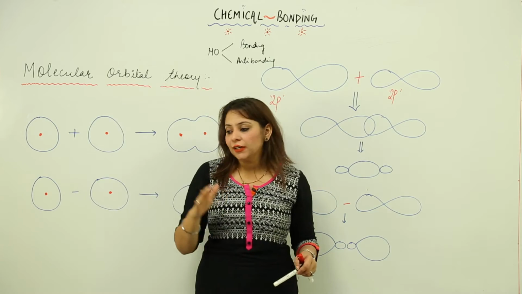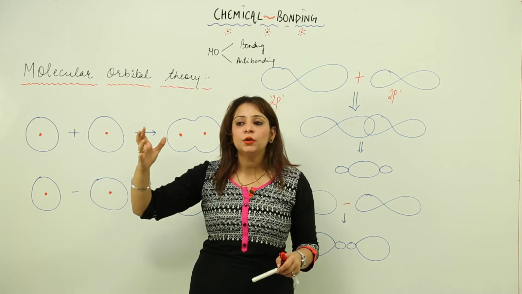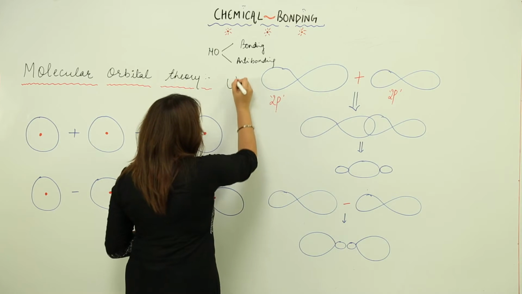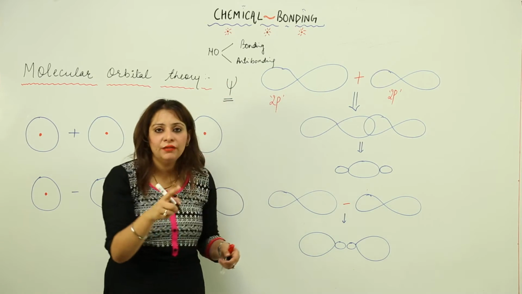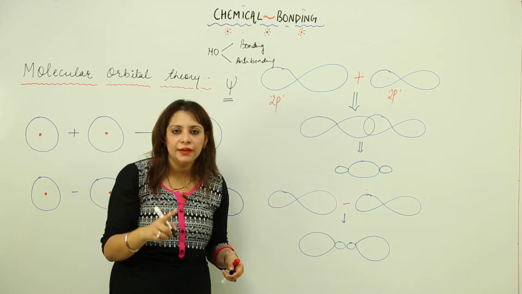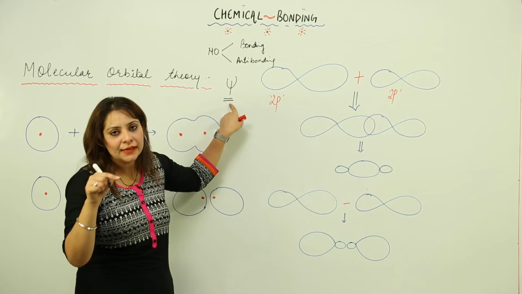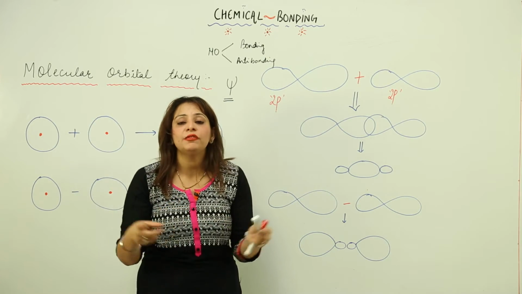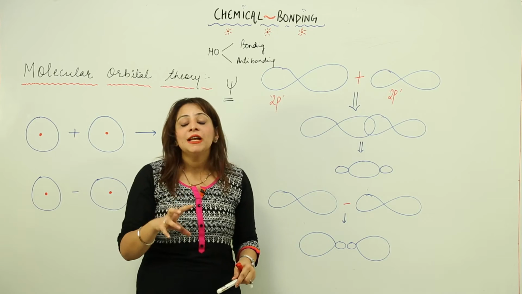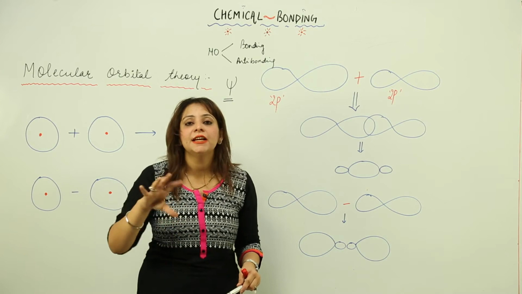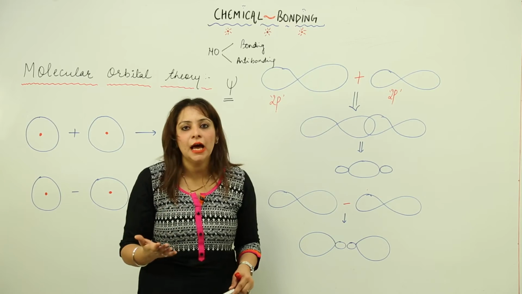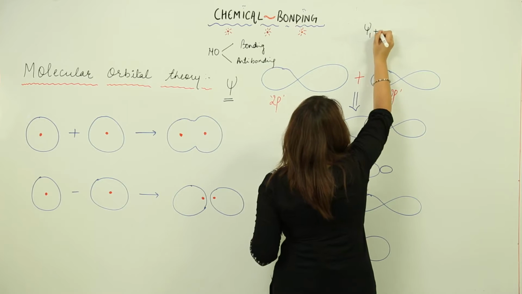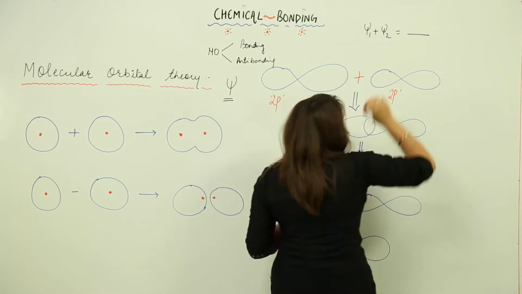When we were discussing quantum mechanics, we studied that an electron behaves as a wave when it is moving, so it possesses a wave function, given by psi. We know that waves can be in phase or not in phase, so there can be constructive interference and destructive interference. For constructive interference, we need to add the two psi.